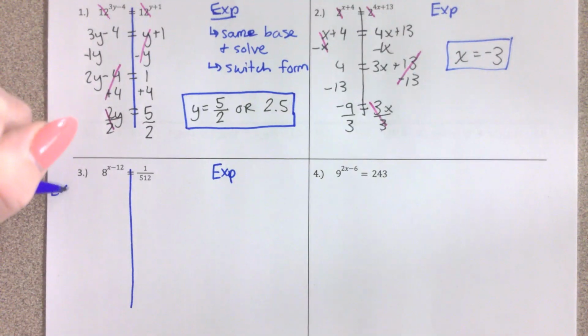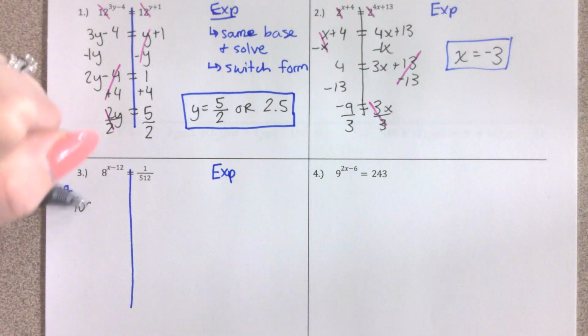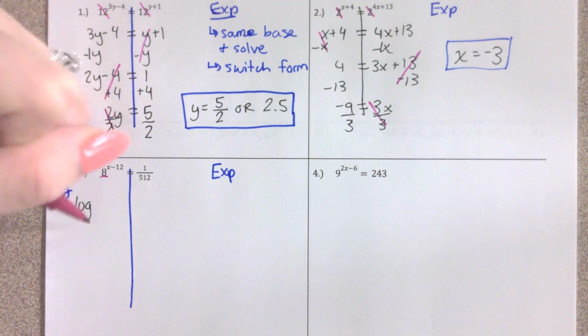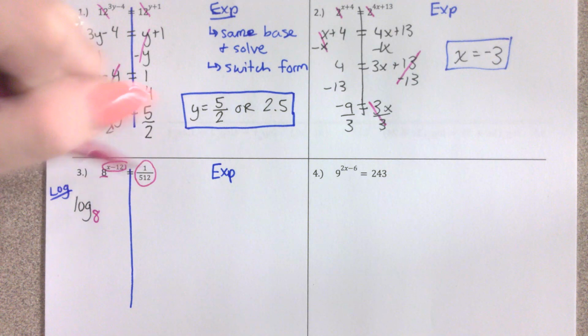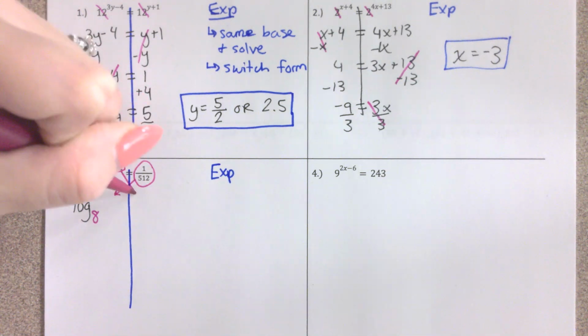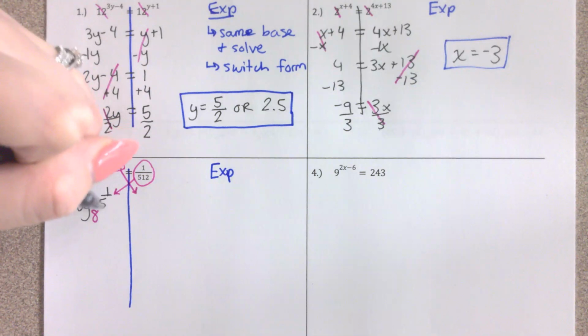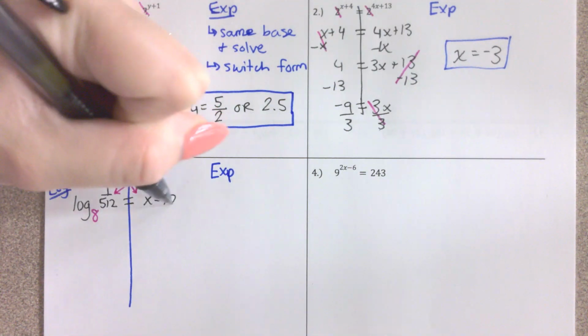I want it in log form now. So we have log, and you remember the rule, base stays base, the other two switcheroo. My base is 8, and then the other two are going to switch sides. So we have 1 over 5 to the 12 here, and x minus 12 there.